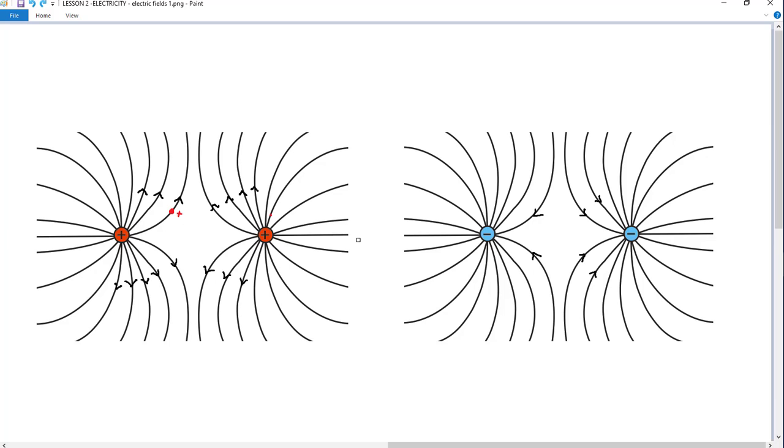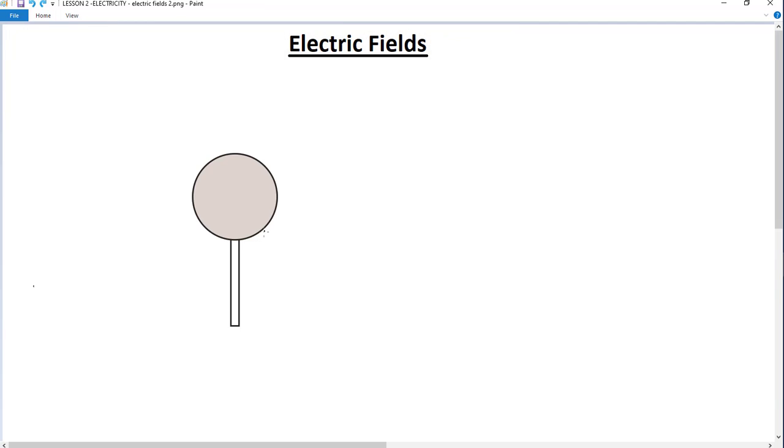The next thing we need to do is look at the electric field pattern for a charged conducting sphere. So imagine that I've charged this conducting sphere by induction with a negative charge. So there are negative charges with an even distribution all over the surface of the sphere. So these will be evenly distributed.